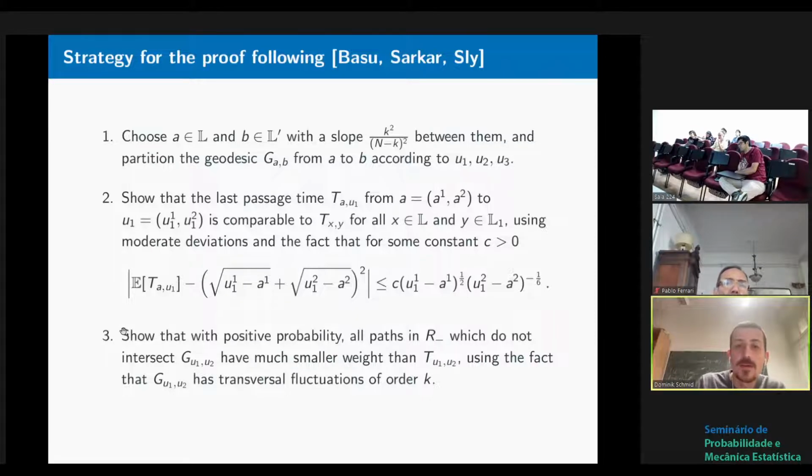So if we look at the slope of some geodesics, optimal paths connecting two points on the line, this slope will be exactly such that its transversal fluctuations are of order K. And this is maybe also justifying a bit why we see this different behavior in the TASEP on the circle compared to, for example, the symmetric setup.